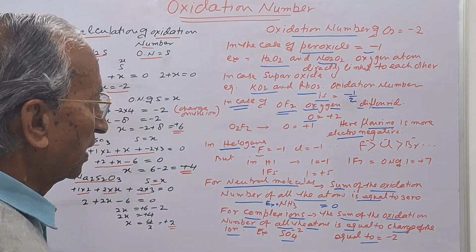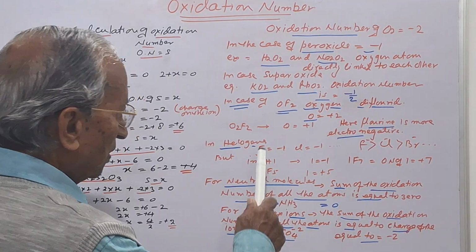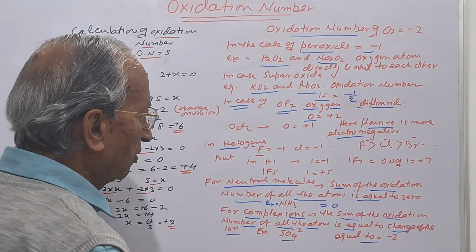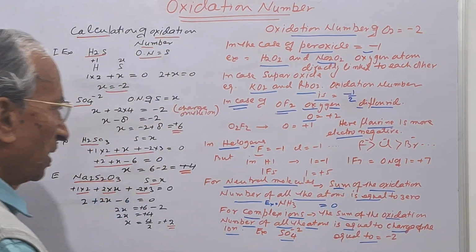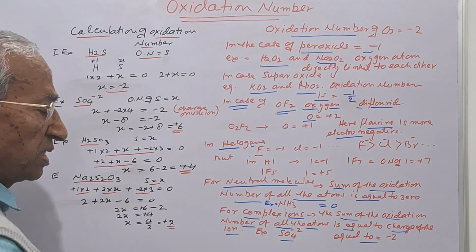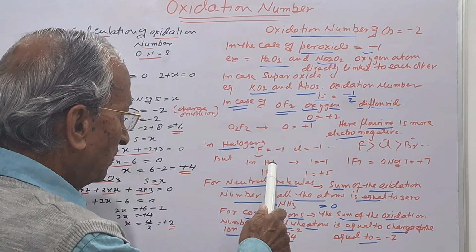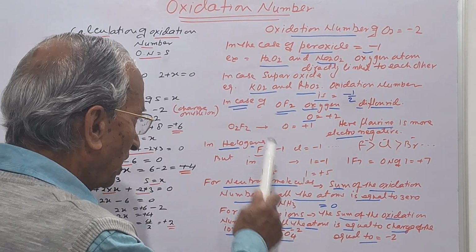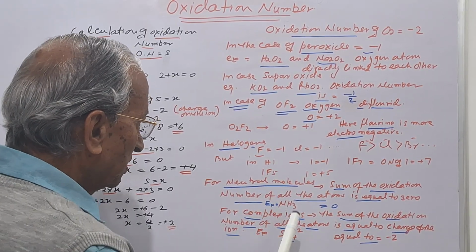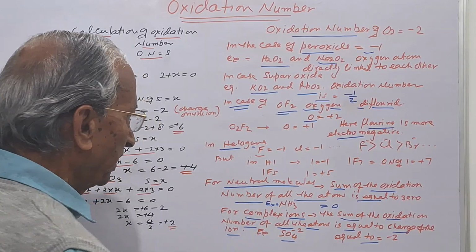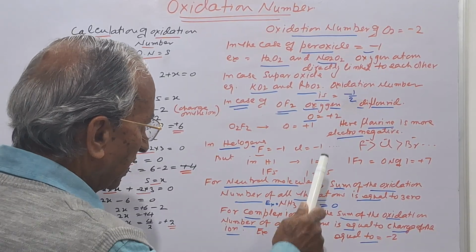Now the very interesting thing in the case of the halogens: fluorine is more electronegative than chlorine, bromine and then iodine. In halogen compounds, for example, if we take HI, here iodine is more electronegative than hydrogen, so the oxidation number of iodine is -1.